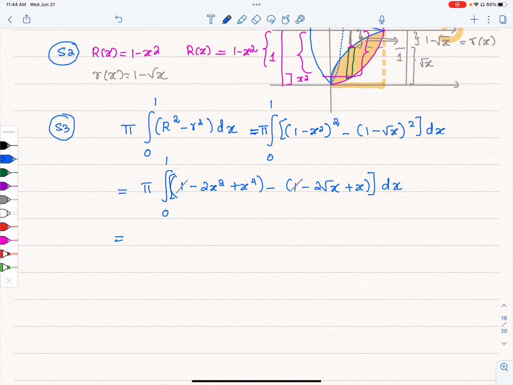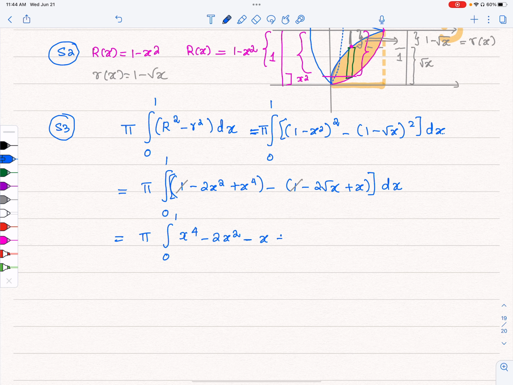So what I have is pi times integral 0 to 1. Let's go from the higher power to the lower power. So it's going to be x to the 4 minus 2x squared plus x, minus is minus, that's a minus x. If you distribute, it's a minus x.